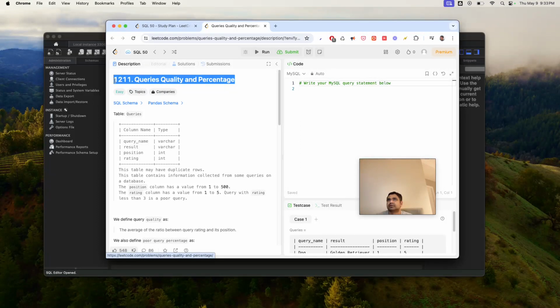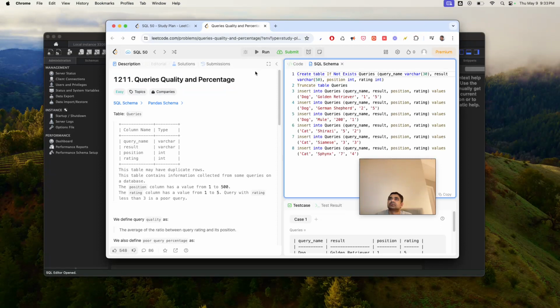The first thing we need to do is copy all the database schemas. So let's do that one.